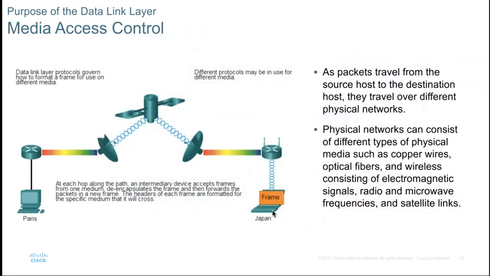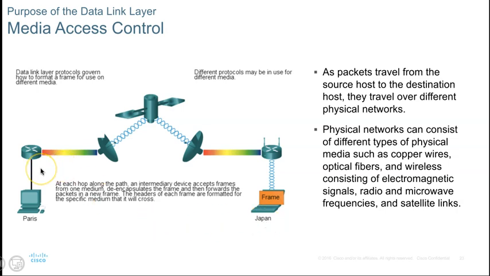I want you to pay attention to what's going to happen over here. This is a given network, and I want to show you the media access control job at a different layer. To explain, we have a computer in Paris that needs to communicate with another computer in Japan.